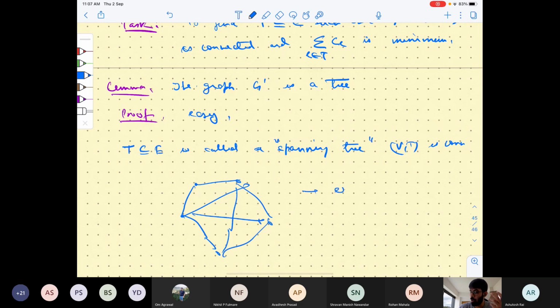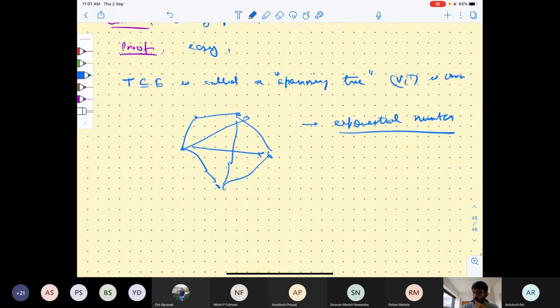Generally it's an exponential number. So how do you select one out of these? How do you find the minimum weight spanning tree? The possibilities are endless, but still, how do you find the minimum weight one?